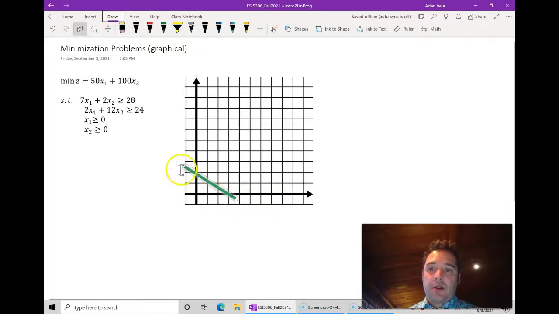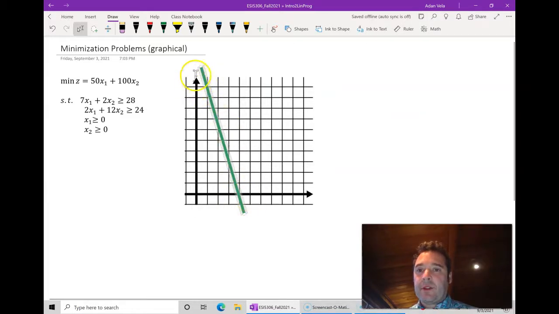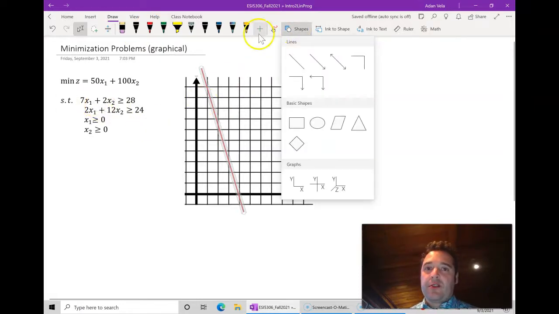Right. And then this is at 14, so it's going to be way up here. So that might be a little bit off, but I think we get the idea. Yeah, something like that. Okay, so that will be our first line. So that's for the first constraint.